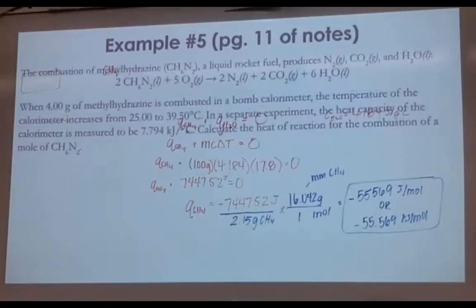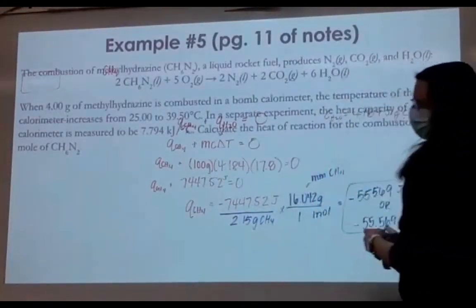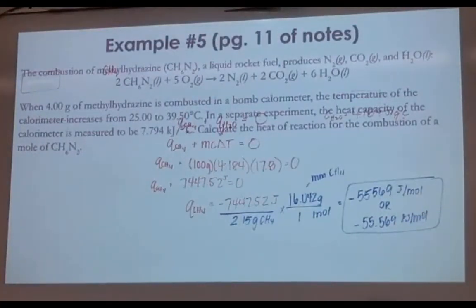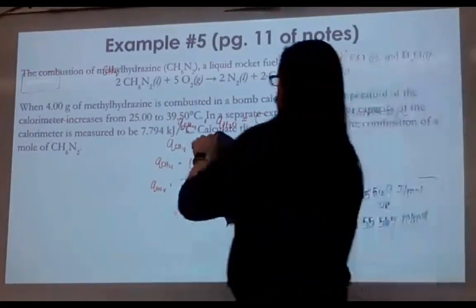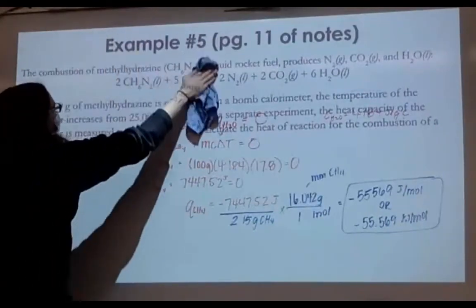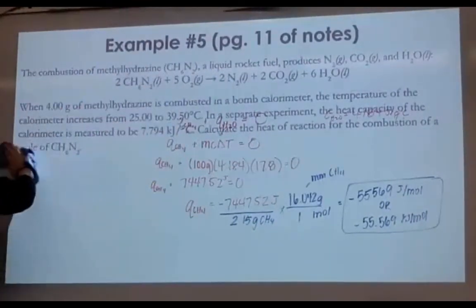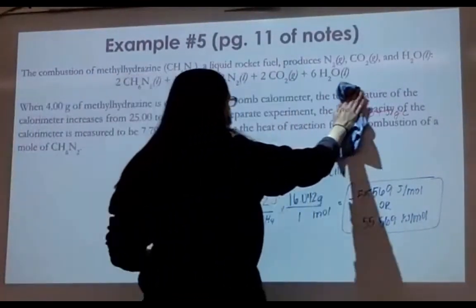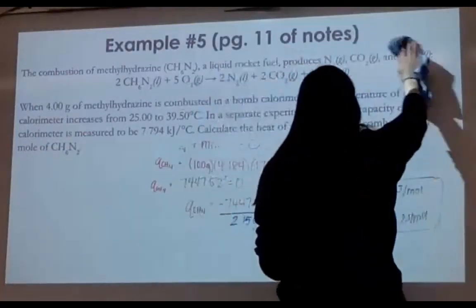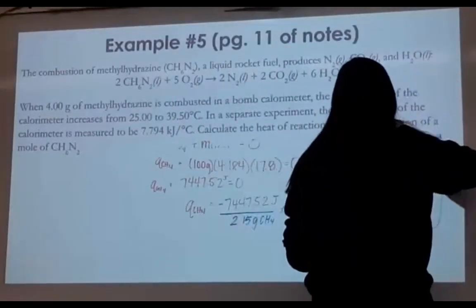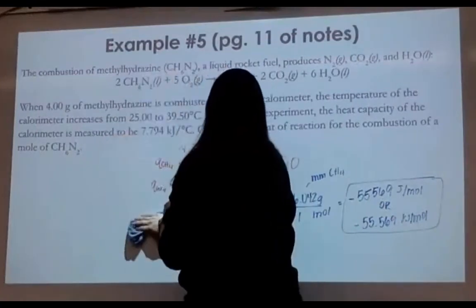I'll put example 5 up here and read through while I'm erasing. So the combustion of methyl hydrazine, which is CH6N2, that's rocket fuel, produces N2, CO2, and H2O. It gives us the reaction right here.